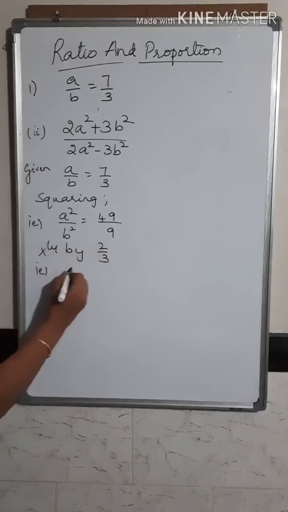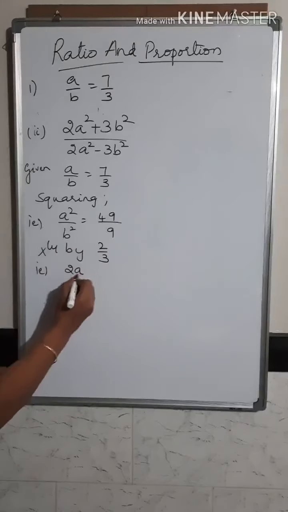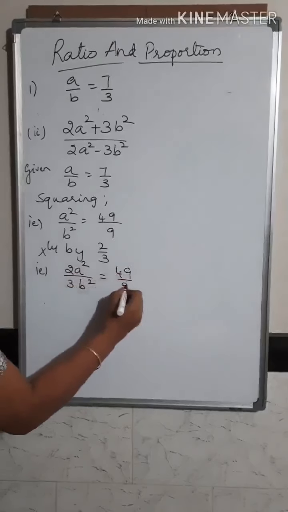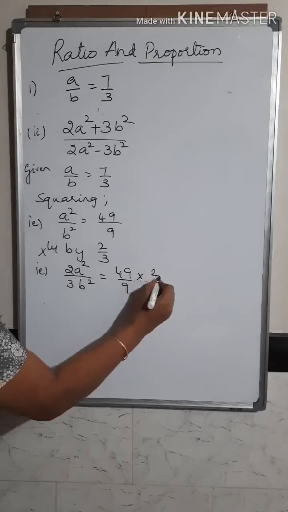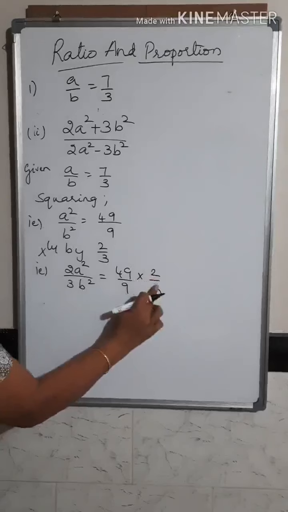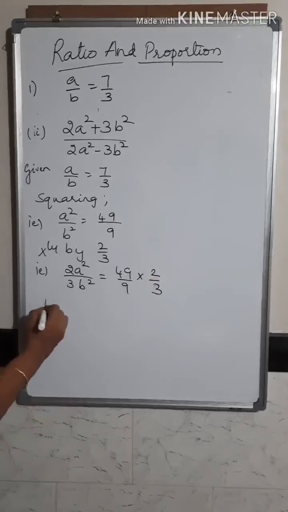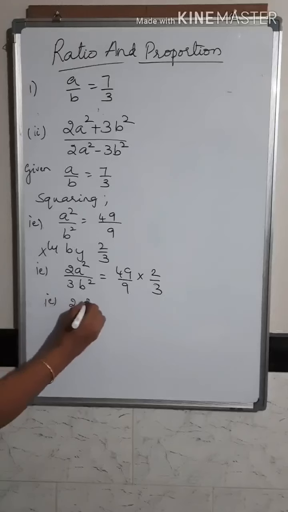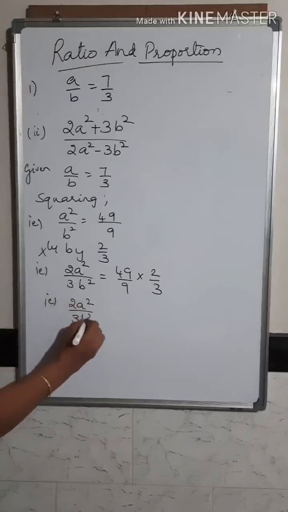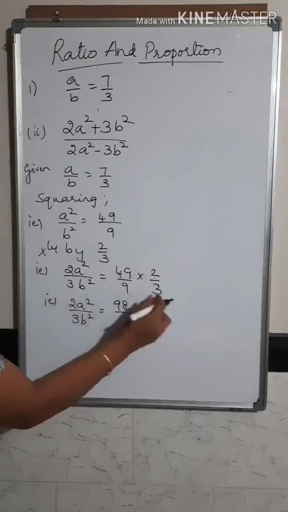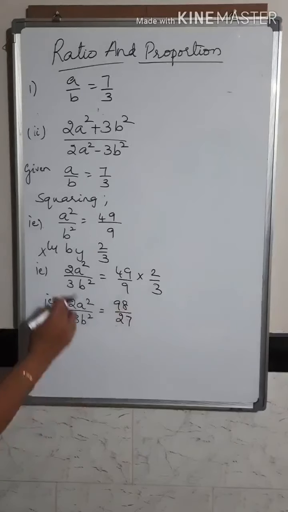So you get 2a square upon 3b square is equal to 49 upon 9 into 2 upon 3, that is 98 upon 27. Now what property do you use?